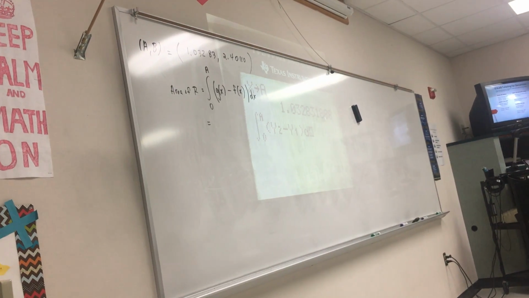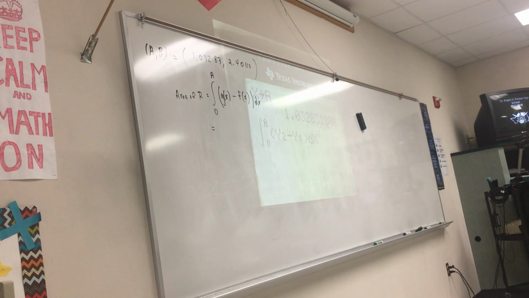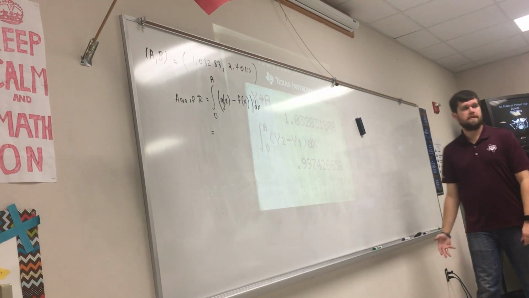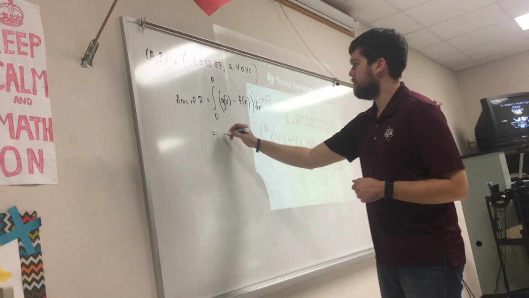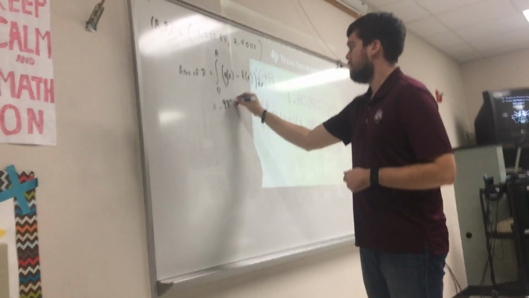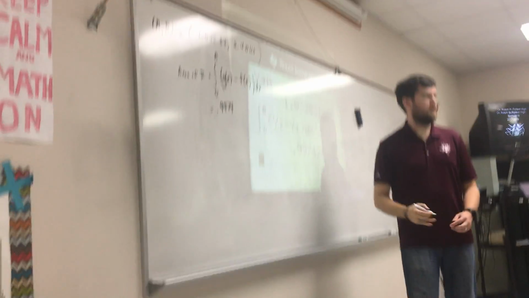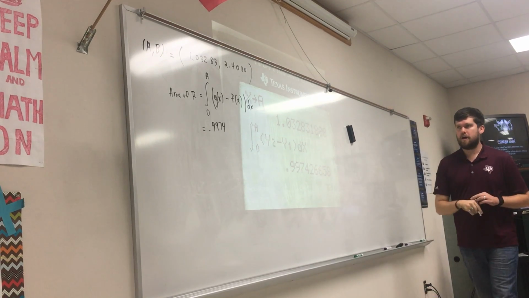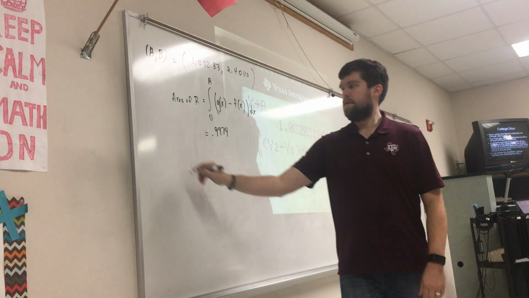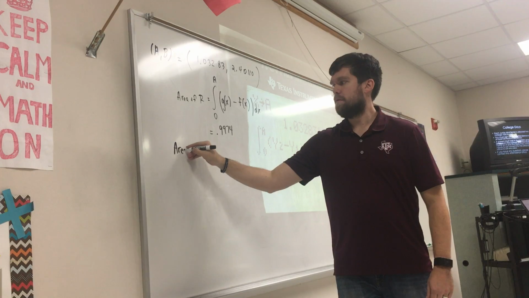That's the beautiful thing about typing those functions into y equals: I don't have to retype them. And I get 0.9974, and that gives me my area of R. Well, how am I going to find my area of S? What's going to change here?